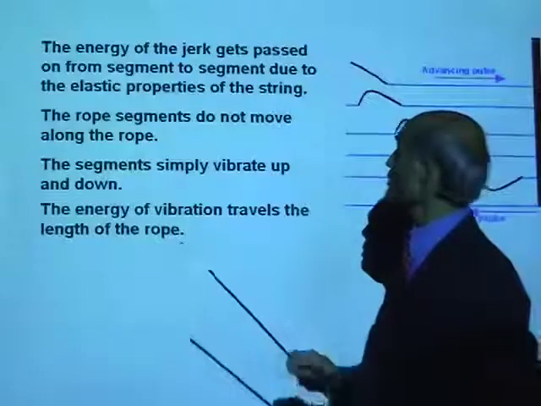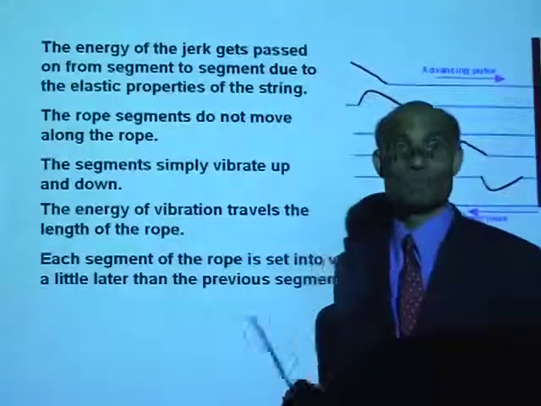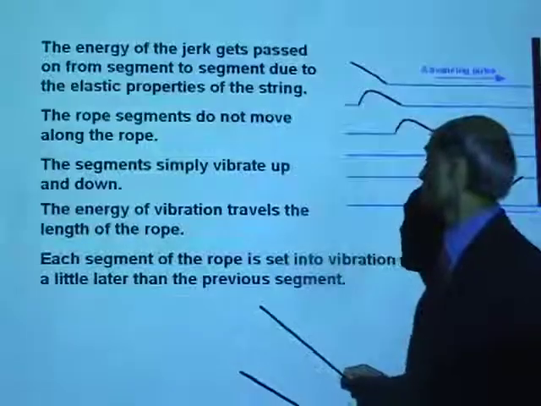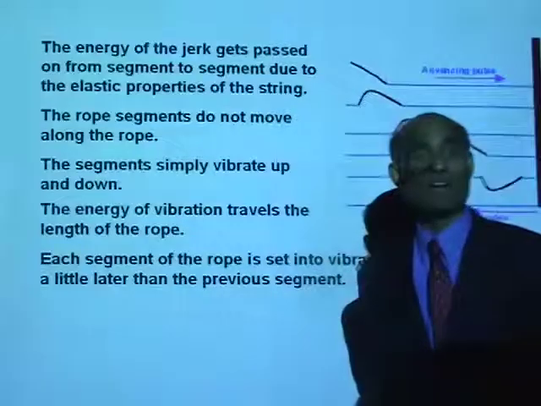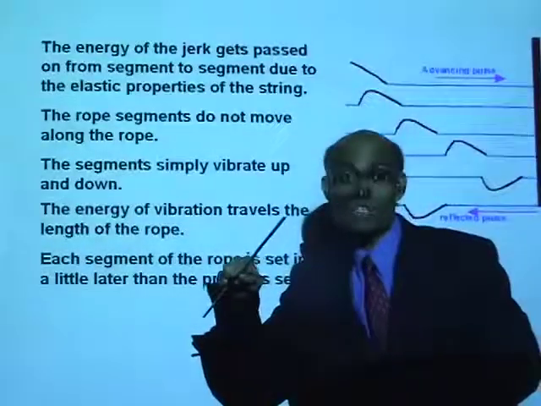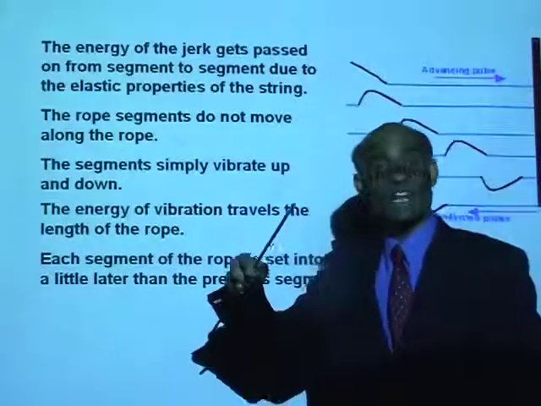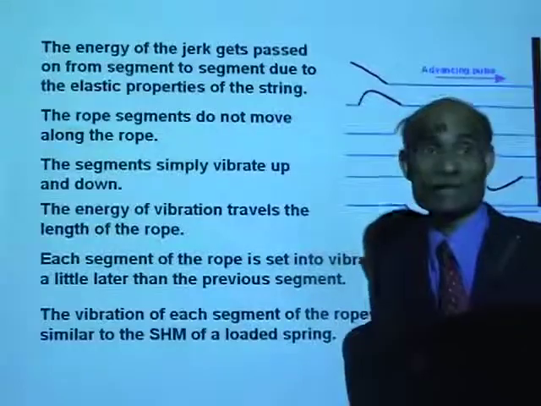The energy of vibration travels along the length of the rope. Each segment of the rope is set into vibration a little later than the previous segment. Do you understand why each segment starts vibrating a little later than the previous one? That is an important concept.